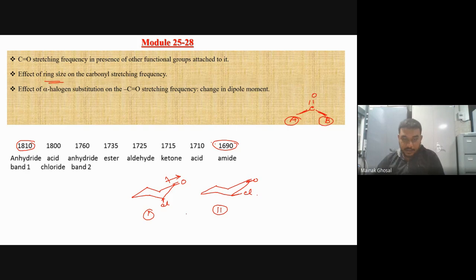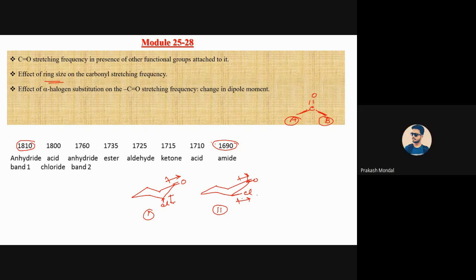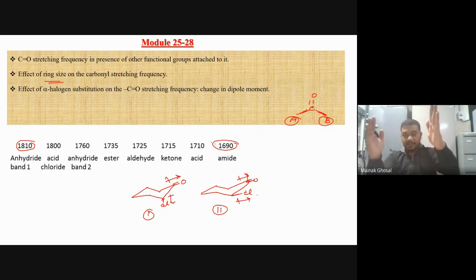This is one dipole, this is another dipole. Now I think we will be able to tell. Which one will have higher dipole moment? Sir, 2. Exactly, because this will add up. This is in the same direction, and here you can see this is somewhat cancelling this moment. So the dipole moment of 2 will always be greater than 1.